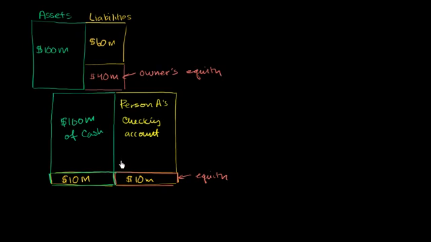But we know in a fractional reserve system, I can lend out a good bit of money. And so that's essentially what I could then do if we're talking about fractional reserve. I can lend out 90% of this money. So let me clear this right over here. And so let's say I took 90% out of it, lent it out.